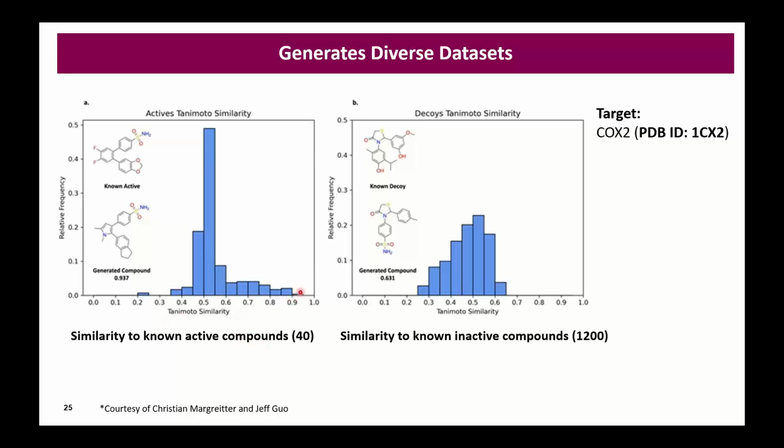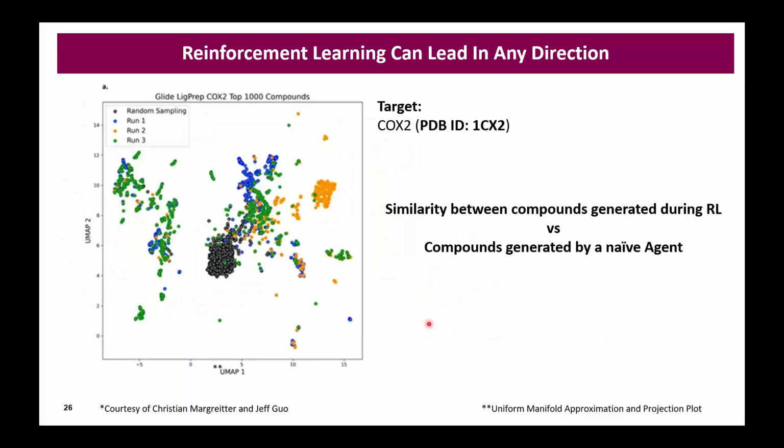Over here, this is a Tanimoto similarity measurement. We have some compounds that are similar, but the majority of the compounds are entirely different scaffolds. And at the same time, it has realized what is not active. So it hasn't generated anything that is similar to the decoys, to the inactive compounds. You can see that from these bar plots.